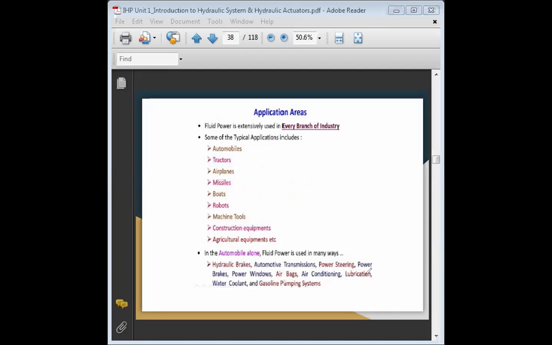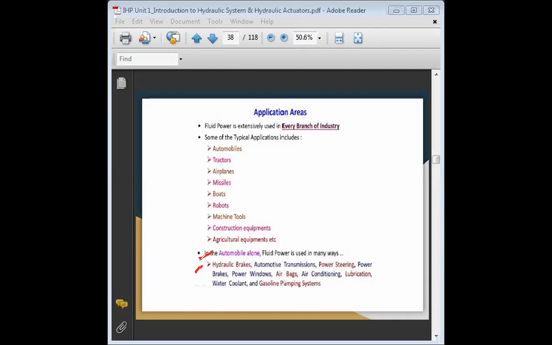Now we'll go into detail one by one. Talking about the first one, that is the automobile. In the automobile sector, fluid power is used in many ways. Now the question arises, how? Then we'll see one more example.